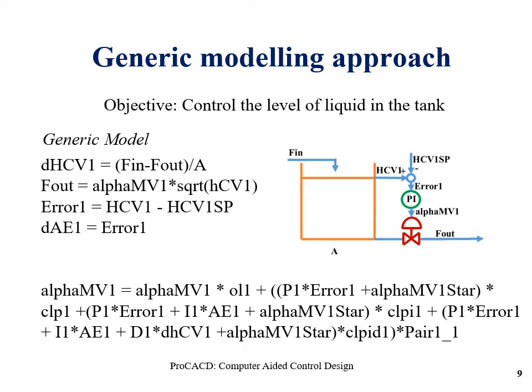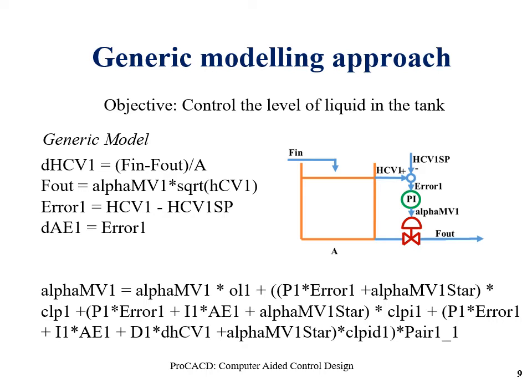Here CL is closed loop and P represents the proportional controller for the first pair of MV and CV. Similarly, the next part of the equation is P1 into error 1 plus I1 into AE1, which is nothing but your integral, and you have alpha MV1 star, multiplied by CLPI1.